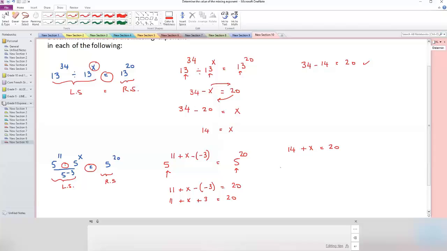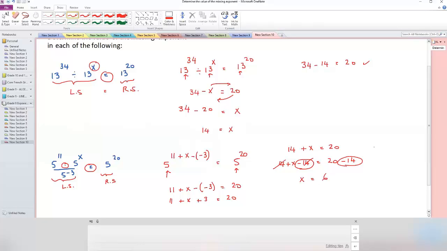I can use an inverse method, so since 14 plus x and I want to isolate x, I'm going to say negative 14, and again negative 14 on the right. Whatever I'm doing at the left side, I have to do at the right side to keep the balance. So this 14 and negative 14 cancel each other. That means x equal 6.